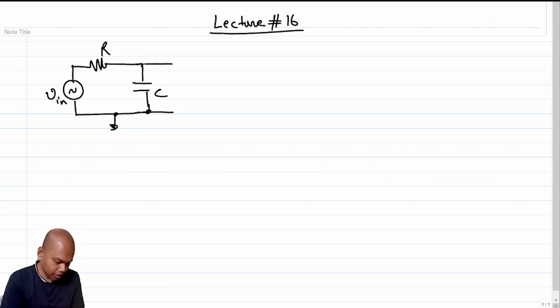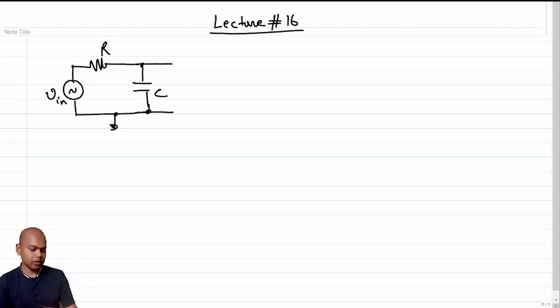I would like to find out the equivalent circuit which captures both the signal and the noise for the output, and from there I would like to deconstruct the noise and the signal and then move forward, right?